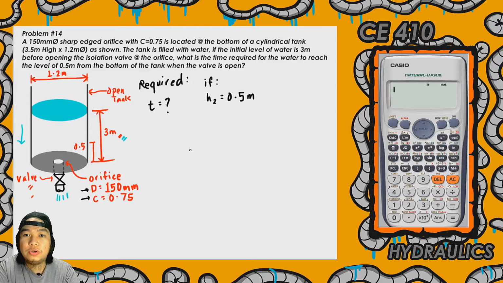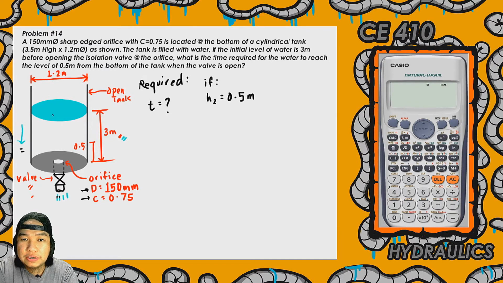So ngayon, since falling yung head, at hindi natin ma-maintain itong initial height which is 3 meters, yung flow is unsteady. Meaning, at any point of time ay nagbabago ang discharge o yung flow rate dito sa orifice. So ngayon, ang una nating titingnan dyan ay yung cross-sectional area ng tank.